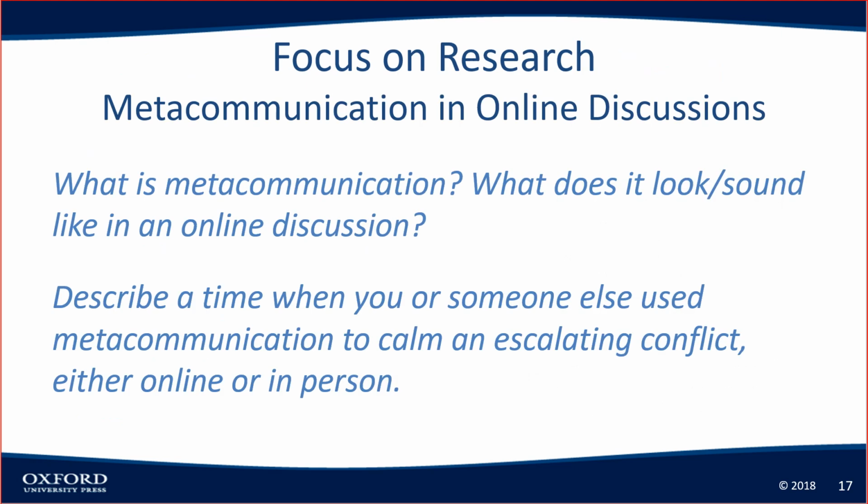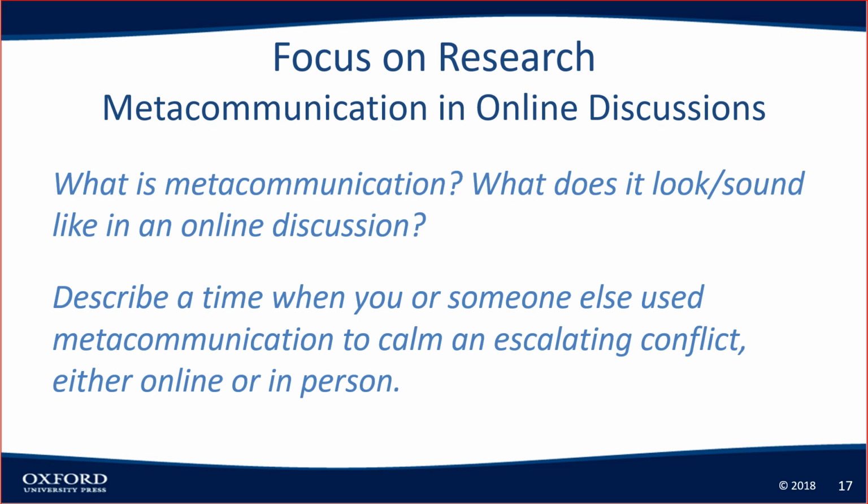Previously, I mentioned meta communication and what it looks like, and it's usually those nonverbal messages that come within a message. So meta communication is focused on the relationship success.